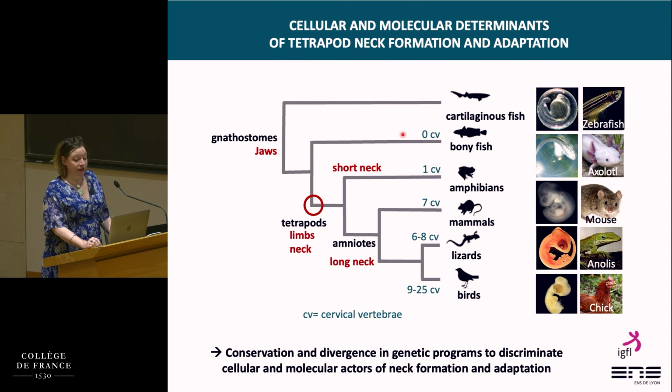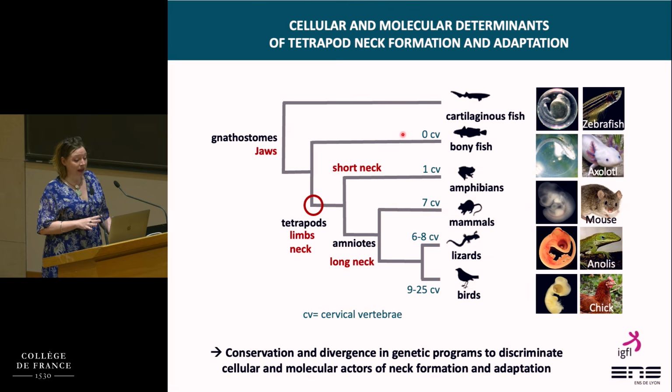So from these studies, we have a pretty good idea of the cellular embryonic origin of the different components of the neck and how mesodermal populations contributed to the emergence and adaptation, evolution of the neck musculature in vertebrates.